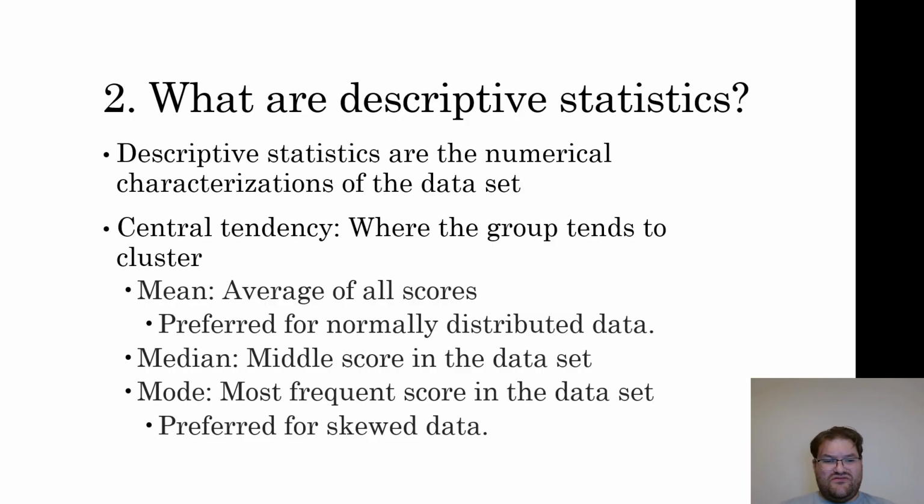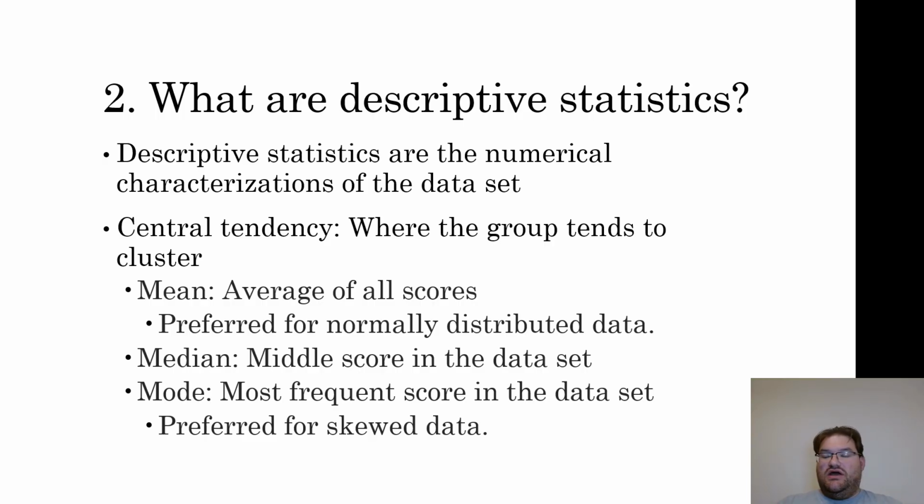Descriptive statistics include measures of central tendency, where the group tends to cluster. So we have three measures of central tendency when we look at how data spreads. We have the mean, or the average of all the scores.